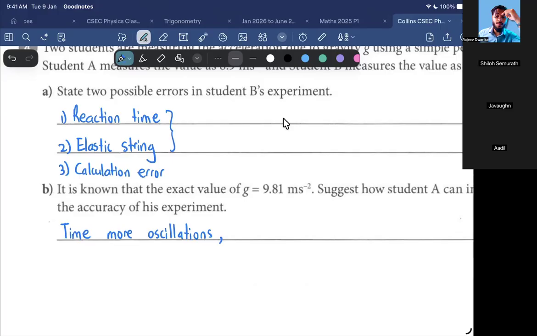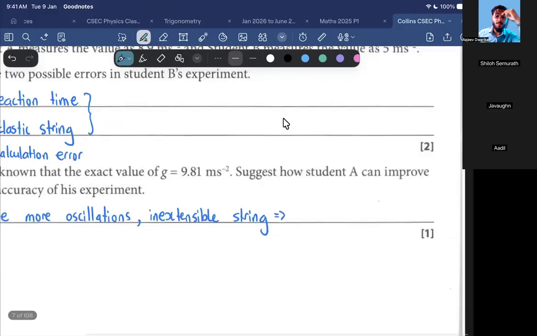Exactly. So probably use an inextensible string, meaning it has a really high tensile strength. And a good example of this would probably be nylon.